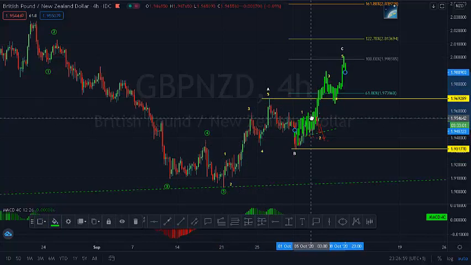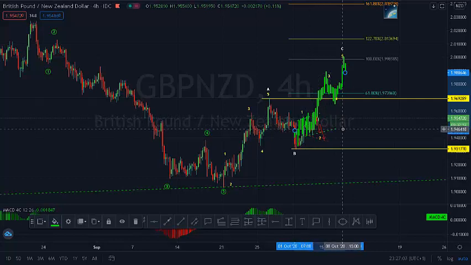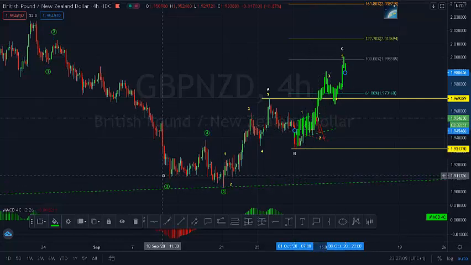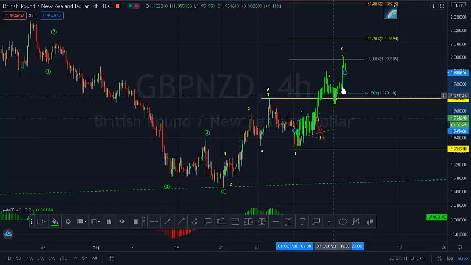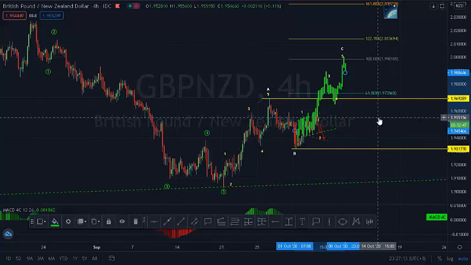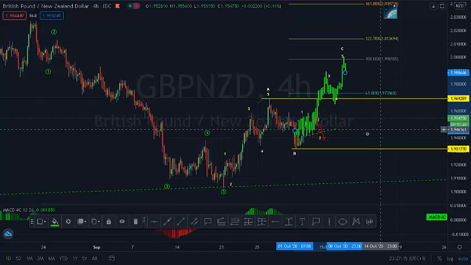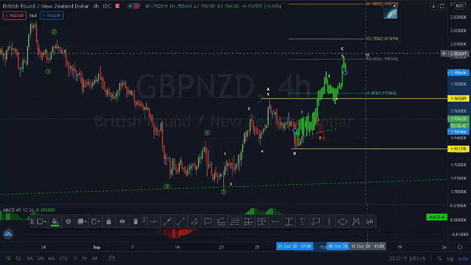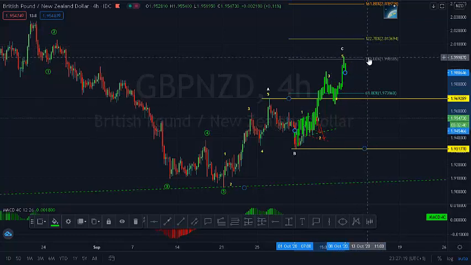You can see the end of wave B, and how wave 1 and 2 of C develop seems similar to this. So we might have a replica of wave A in wave C. Only time will tell. And if you have that, we will have up to 1.99, 2.0. So GBPNZD will likely give us some money.